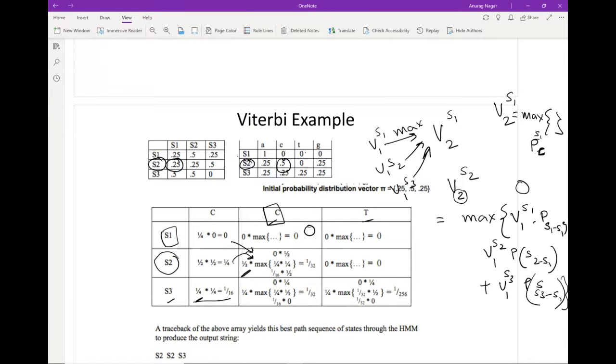Here to here, S2 to S2 jump, it is 1 over 4. So 1 over 4 multiplied by 1 over 4 is the second thing. 0 into 1 over 2 is the first one. Then what is the third jump here? S3 to S2 jump, S3 to S2 is 0.5. So 1 over 16 multiplied by 0.5 is this. So now you have three values, and you take the max out of the 3.